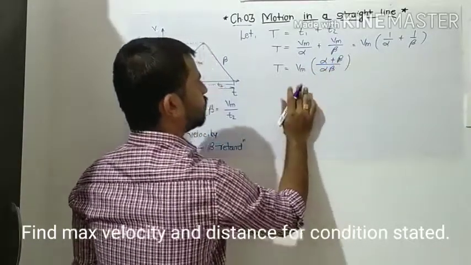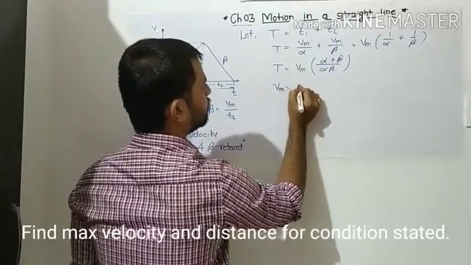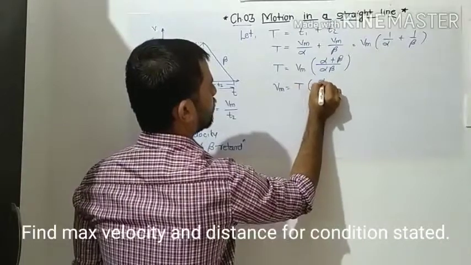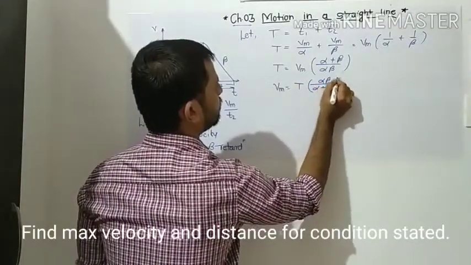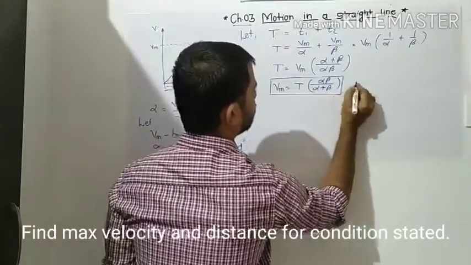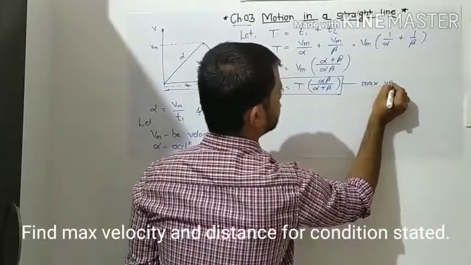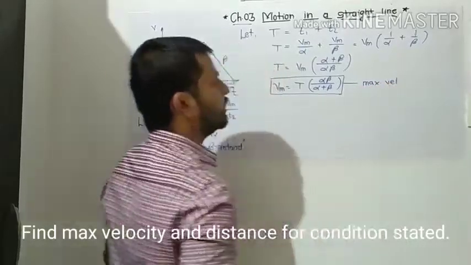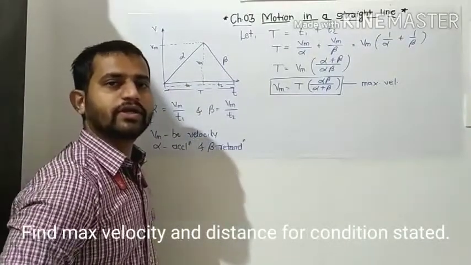From this we can write the maximum velocity: Vm is equal to T into bracket alpha beta upon alpha plus beta. This is the equation of the maximum velocity from our given conditions.